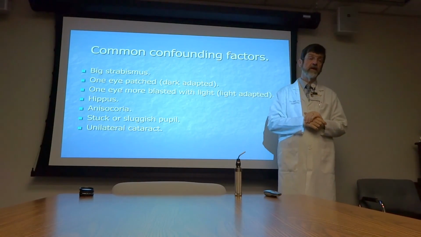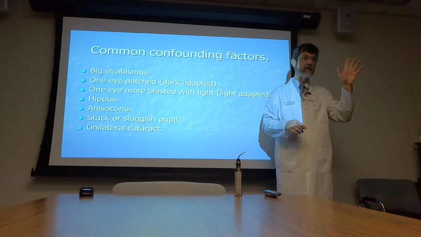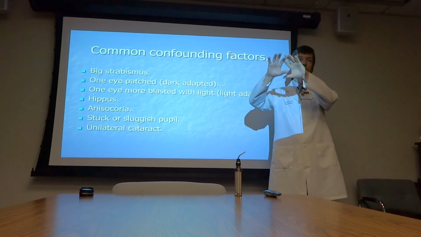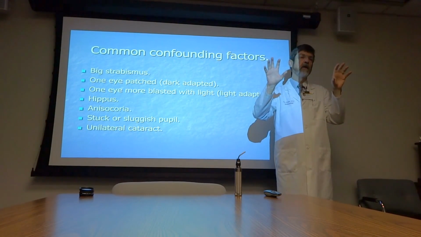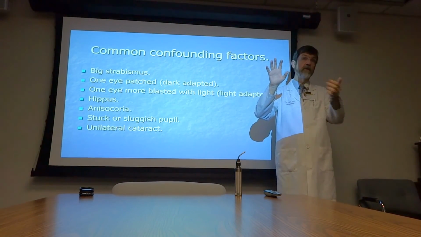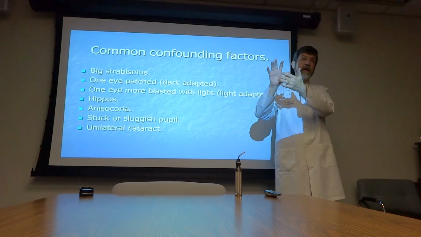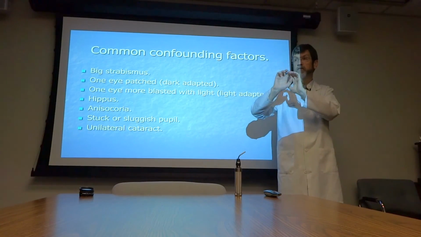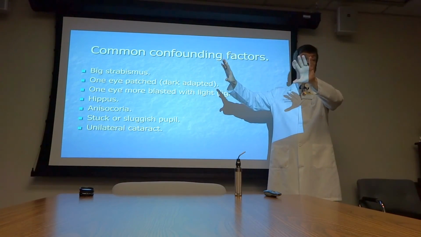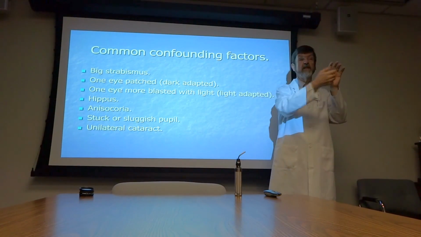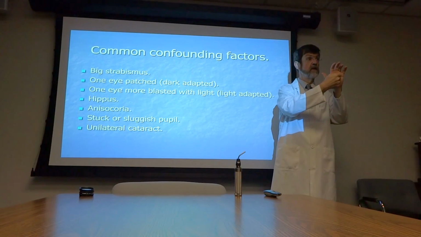And then another tricky one is unilateral cataract. So the pseudophakic in this eye, they've got a big, almost white cataract in this eye. Well, it's not what you think. You put the light in this eye, and that cataract acts like a perfect diffuser. It'll take that light and spread it evenly over the whole retina. The patient doesn't see very well. And it's not quite as effective in the other eye because they've got a lens in their eye.